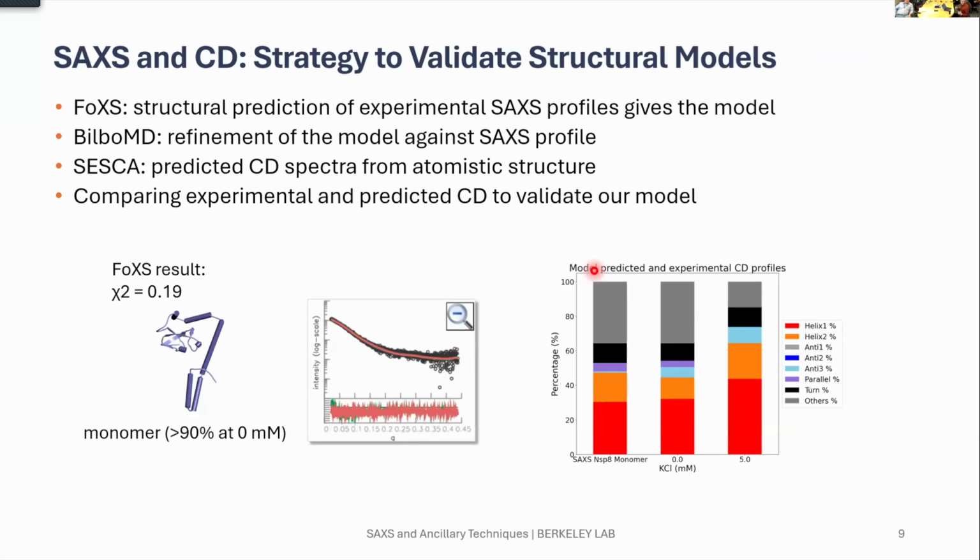For that, as I mentioned before, we can use some computational tools. First of all, taking our profile from experimental SAXS data, we can obtain a predicted model for that experimental profile. Here, at low concentration of NSP8, we observed predominance of the monomeric state.